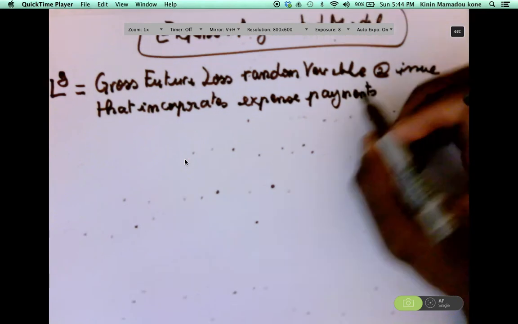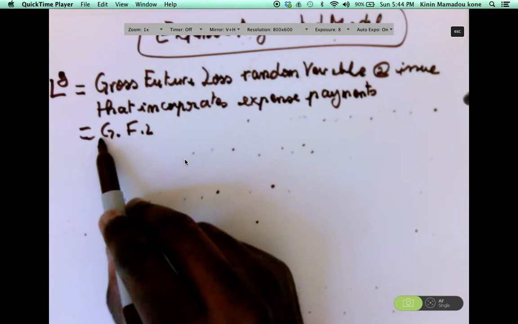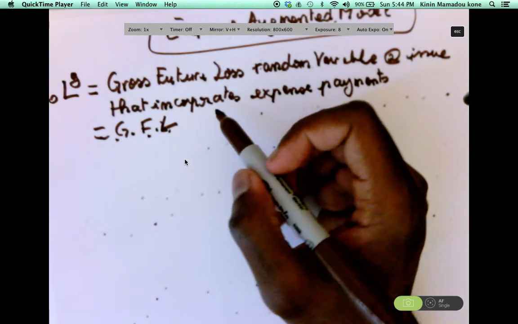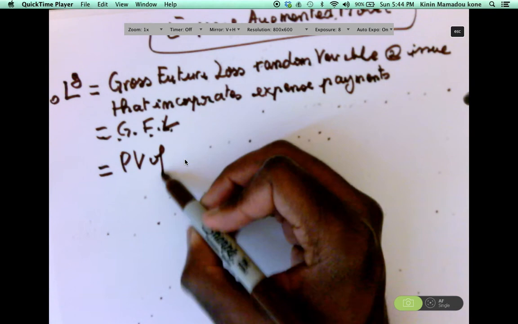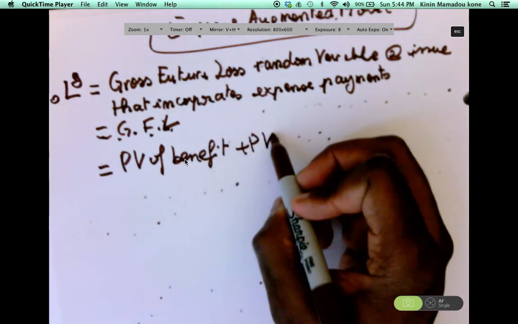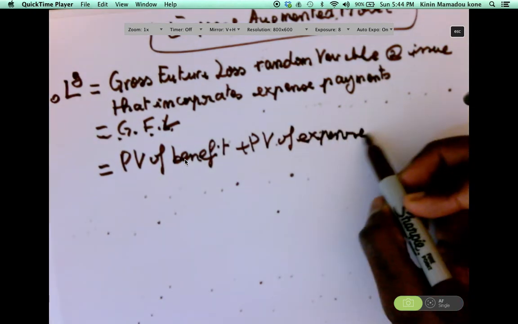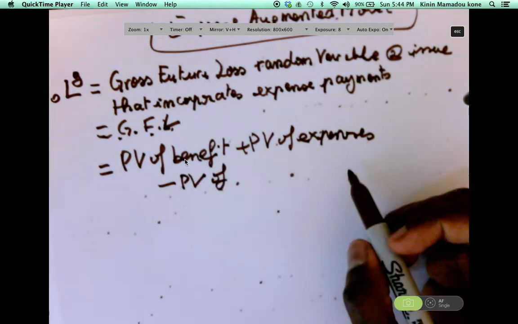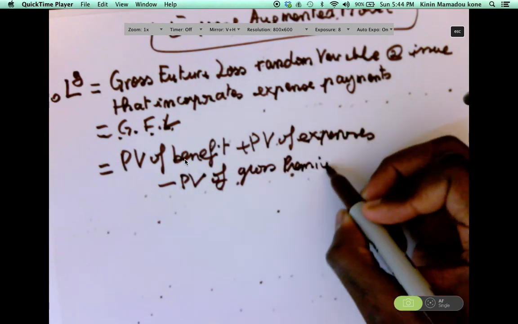So let's just say GFL, gross future loss, random variable. It is the present value of benefit, plus present value of expenses, minus present value of gross premium income.